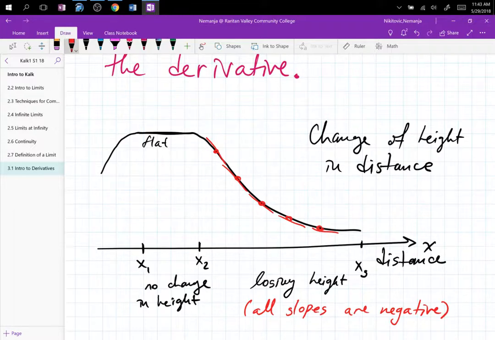And these less negative slopes are less change in height. So now this means the bigger the derivative, the more the change; the smaller the derivative, the less the change, right?